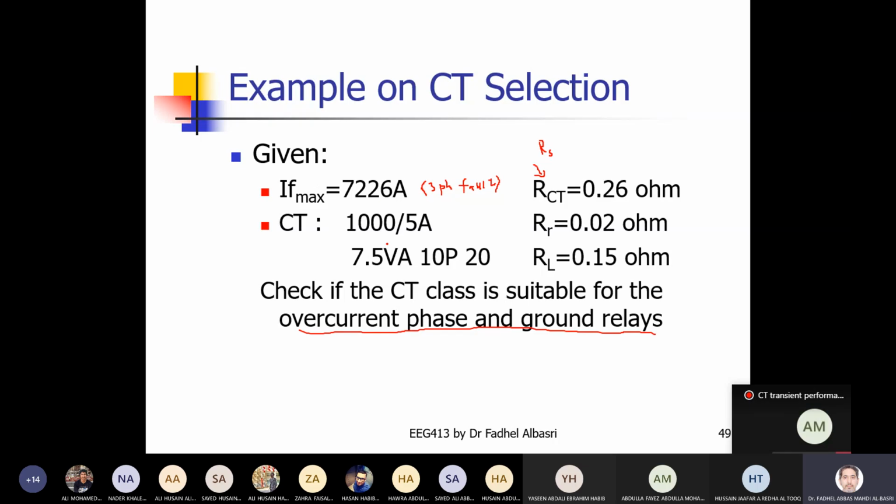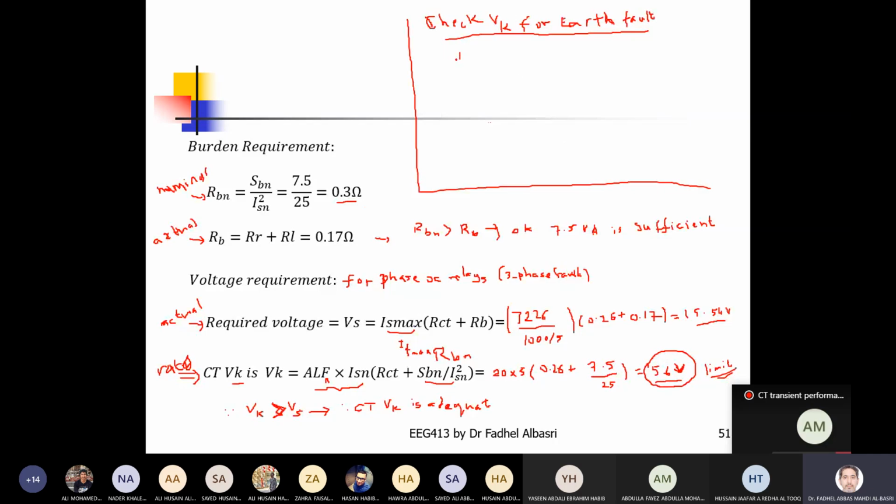Let's assume the ground fault current, I fault for line to ground, LG, is equal to, let's say, 10 times the rated secondary current of 5 ampere, or I'll assume it is the same as this, but this is a worst case scenario.